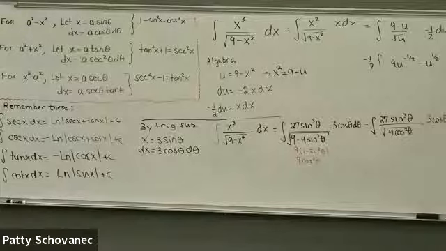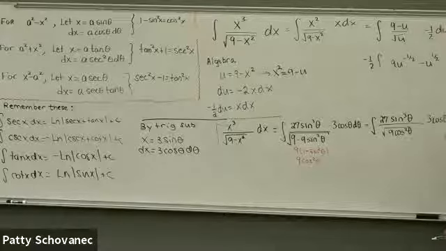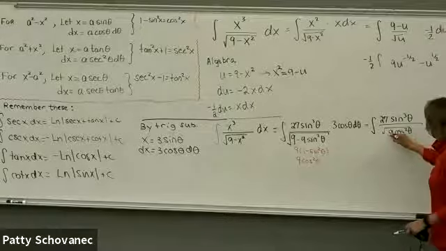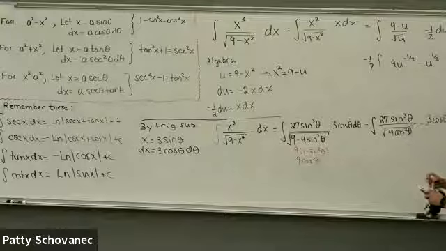So after I take the square root of it, it'll cancel with that term in front of the d theta. All you do is remember how to integrate sine cubed.